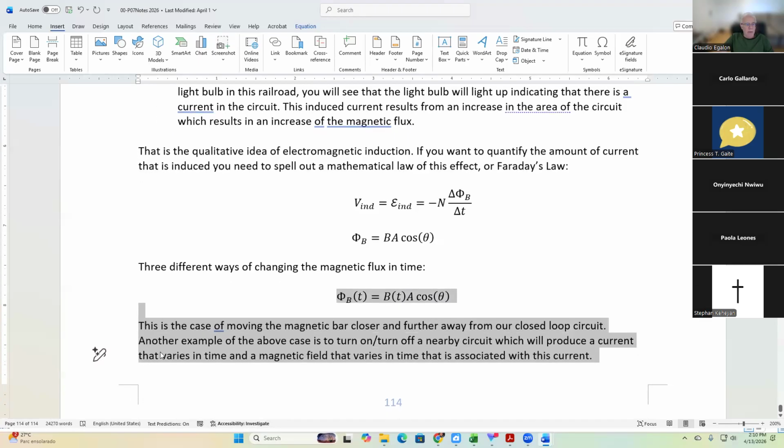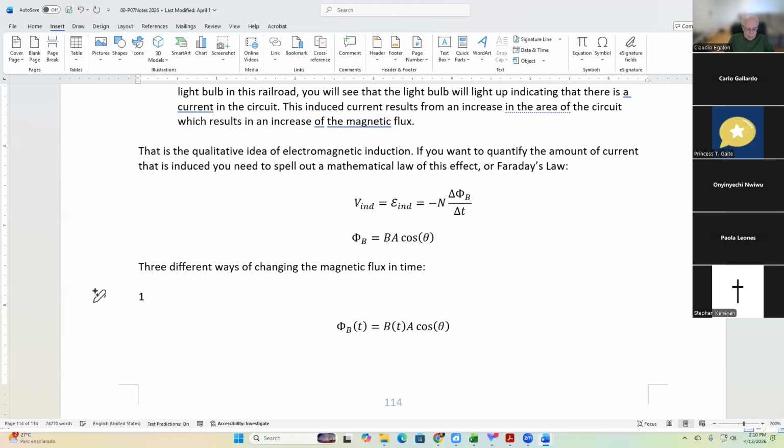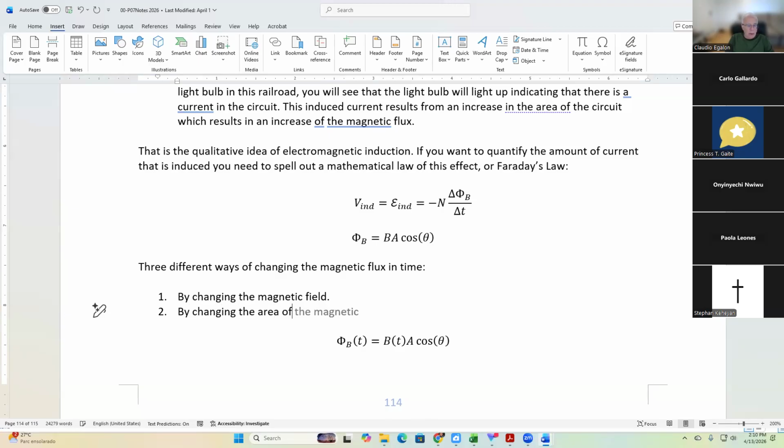Okay, three different ways to change the magnetic flux in time. One, by changing the magnetic field. Two, by changing the area of the circuit subjected to the magnetic field.